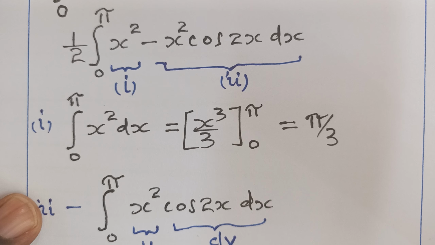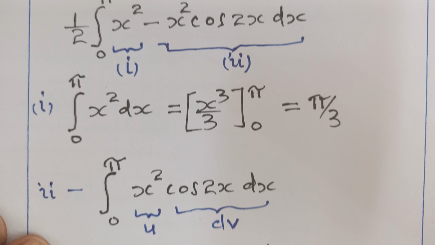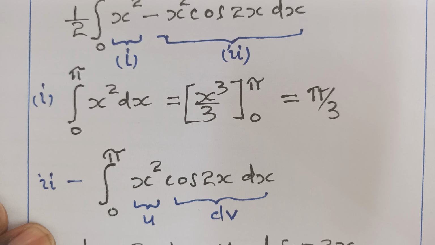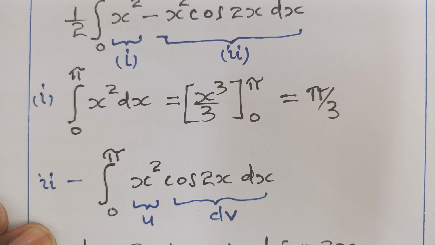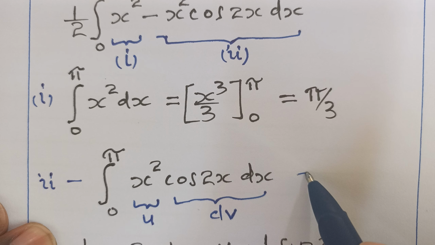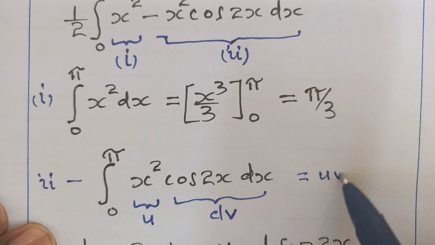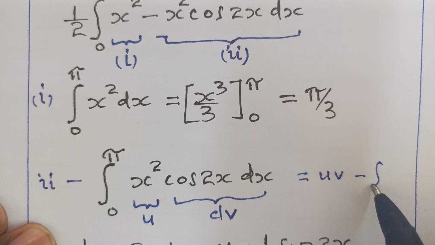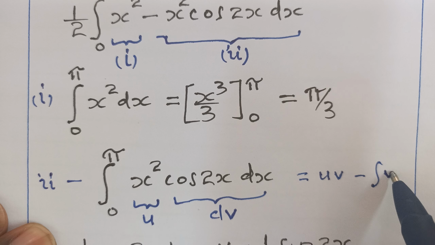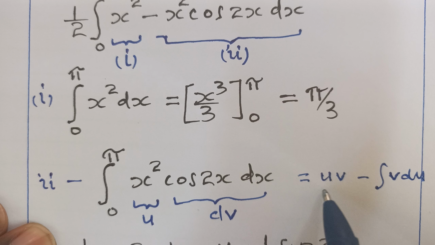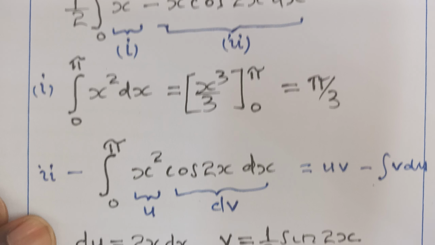So when we get that, now we use the integration by parts, whereby we shall have uv minus the integral of v du.